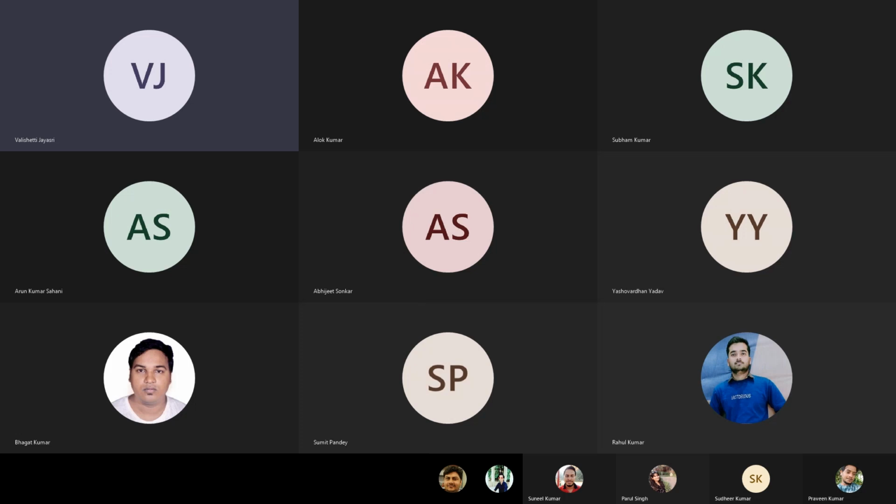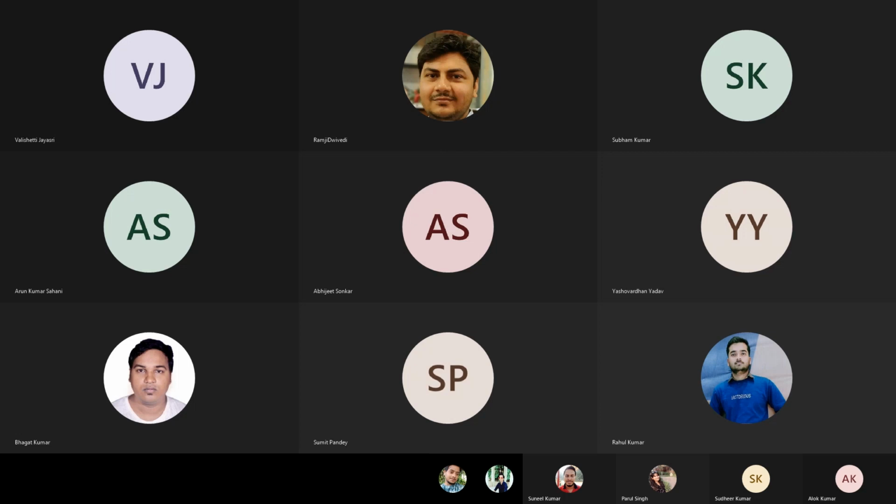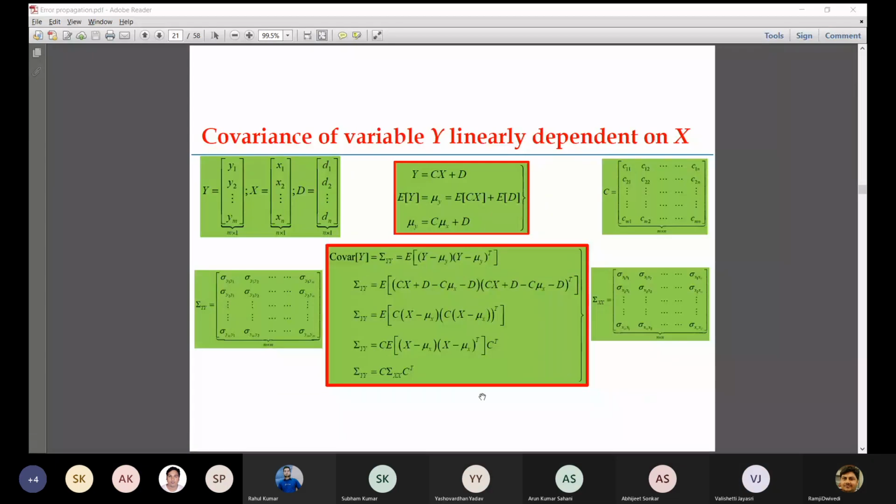Yeah, so here what you need to understand, I think my screen is not shared. Let me share it again. See, you have C as a 2 cross 2 matrix, and you have C transpose as 2 cross 2. What do you need? Sigma xx. If you do not know sigma xx, you cannot solve it, isn't it?